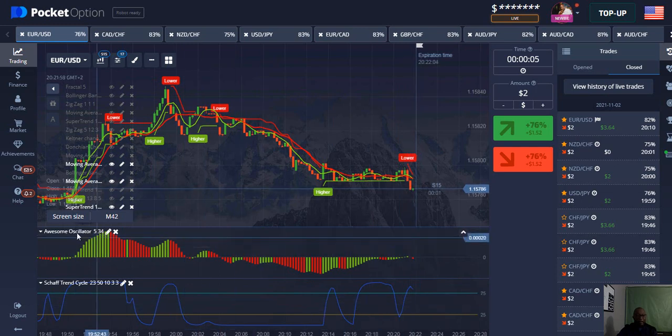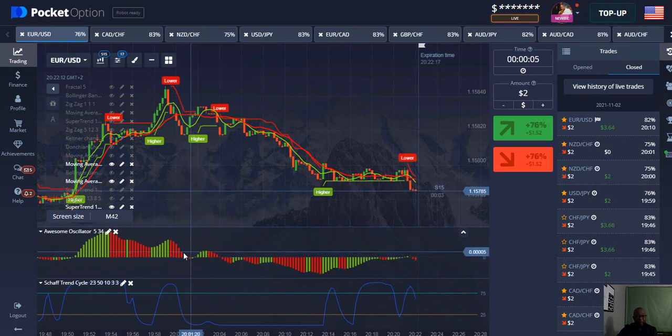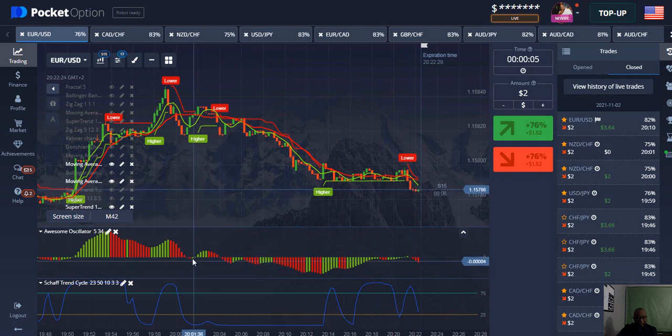The Awesome Oscillator, which most people are familiar with, and based on this particular strategy, I love this because I try to get in on each pair right here in these little areas where I call this little candle, the smallest candle, the indecision candle, which usually is the candle that starts the pair going in the opposite direction.